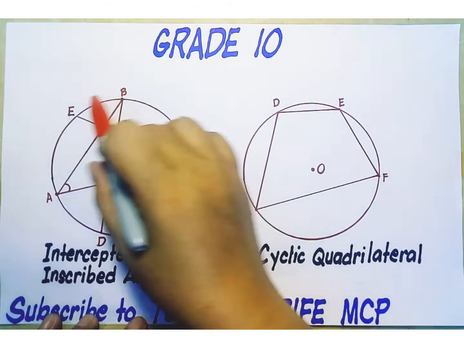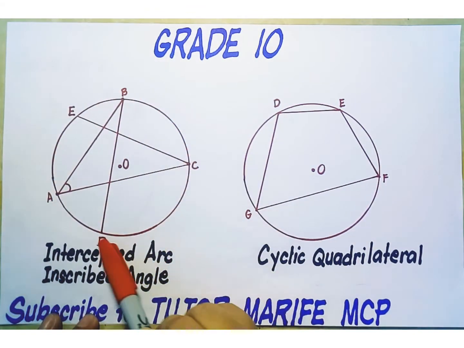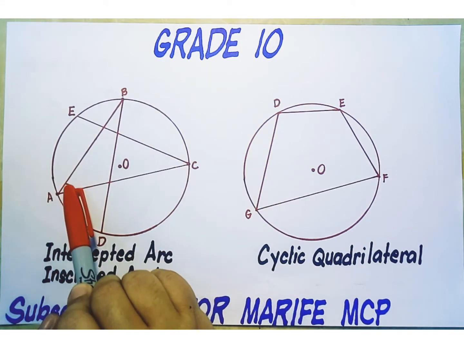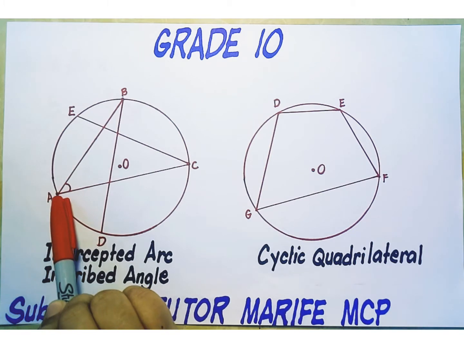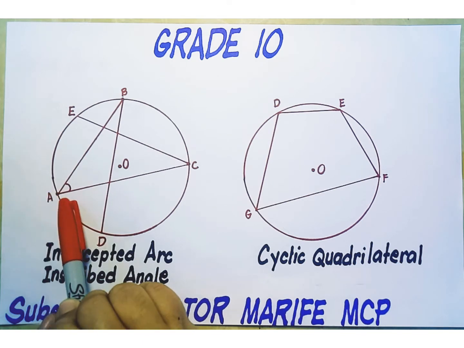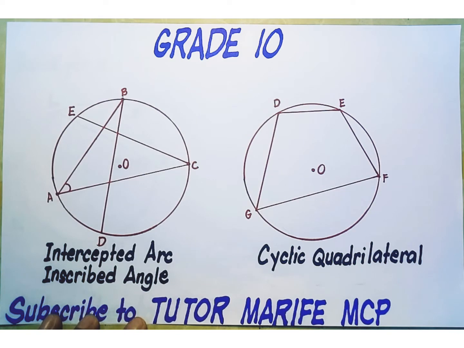Let's consider this figure. This is the circumference of circle O. Look at angle A. The vertex of angle A is on the circumference of circle O. Therefore, angle A is an example of an inscribed angle.